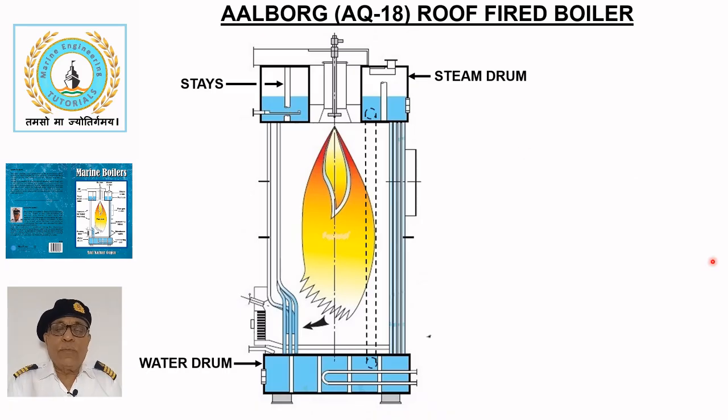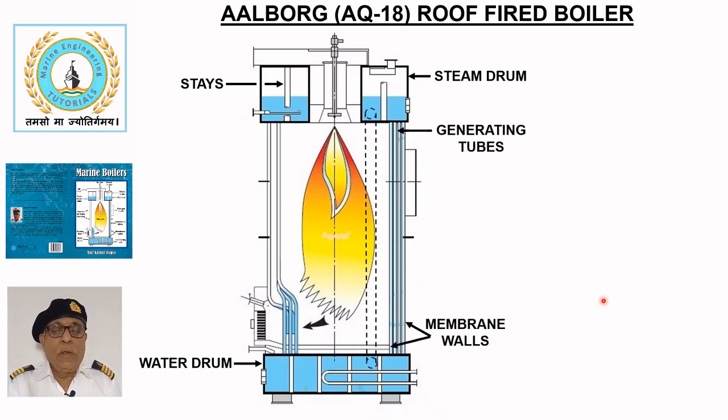The steam and water drums are connected by the inner row of screen walls, two rows of generating tubes, and the outer membrane wall. The generating tube bank consists of vertical pin tubes which improve the heat transfer from the combustion gases to the water in the tube.